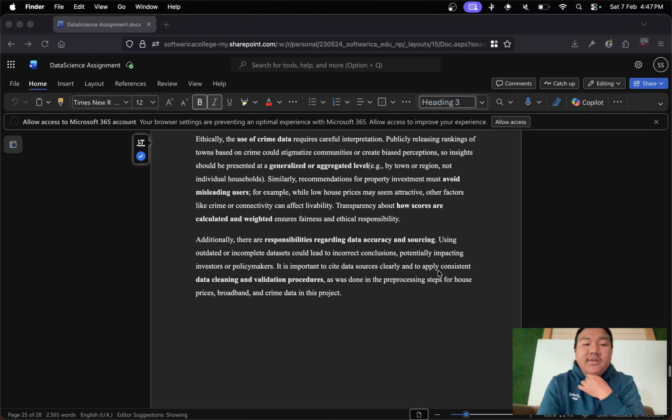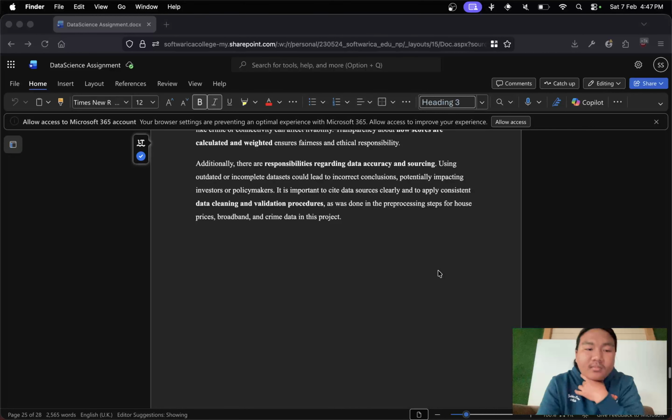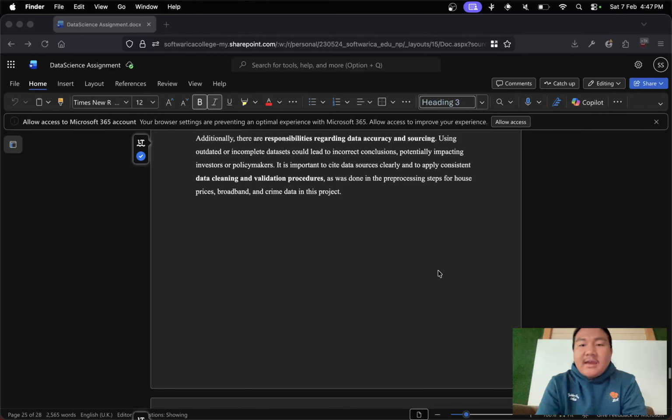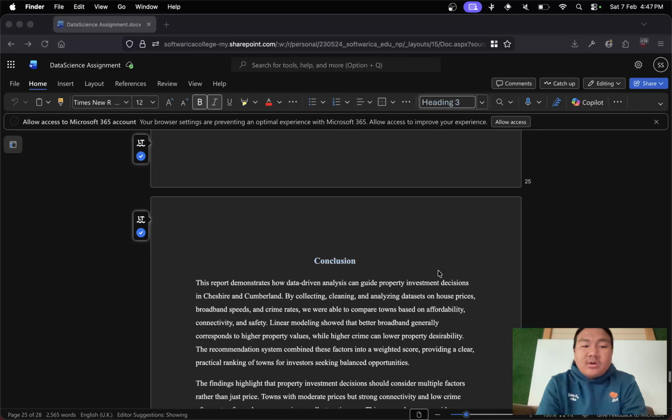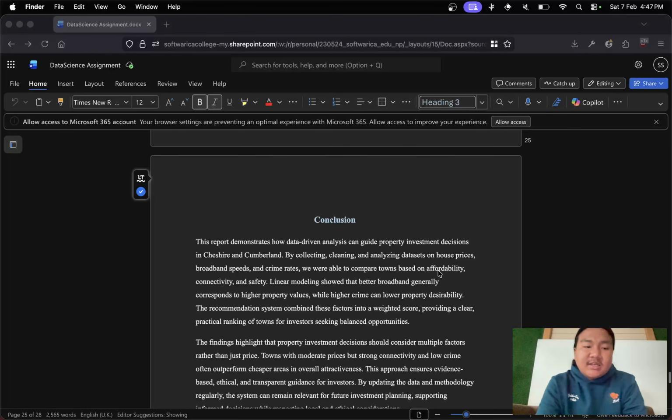Data accuracy: only verified publicly available data sets were used, and careful cleaning ensured reliable results. Transparency: the scoring method of the recommendation system was explained clearly to avoid misleading investors. These considerations ensure the project is ethical, legal, and responsible.